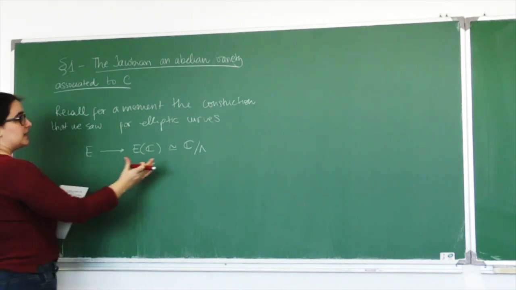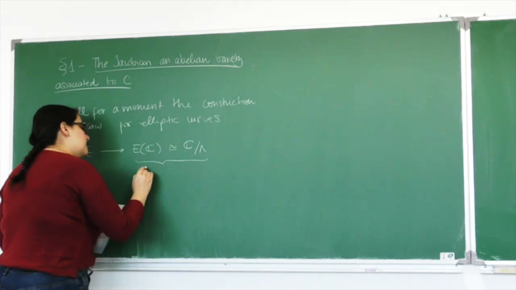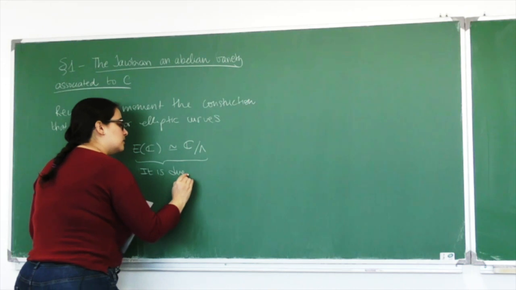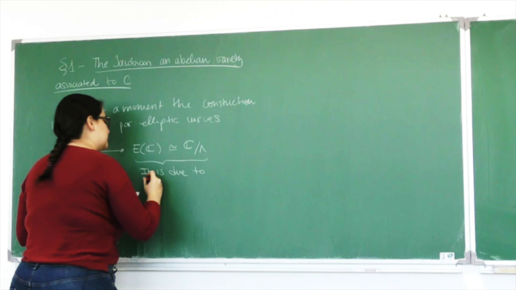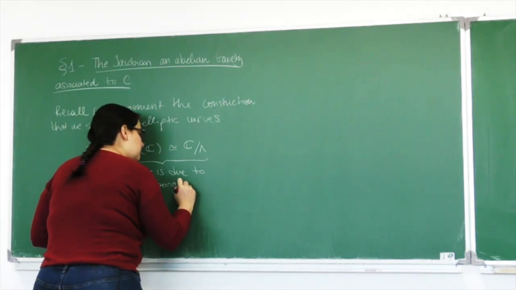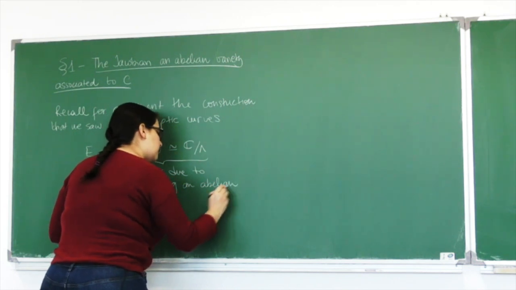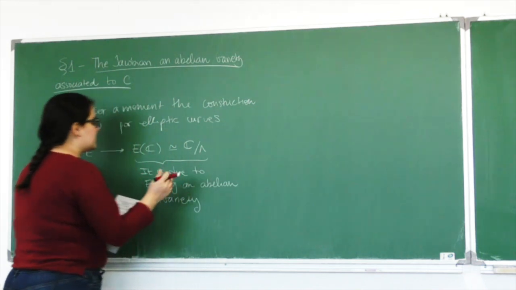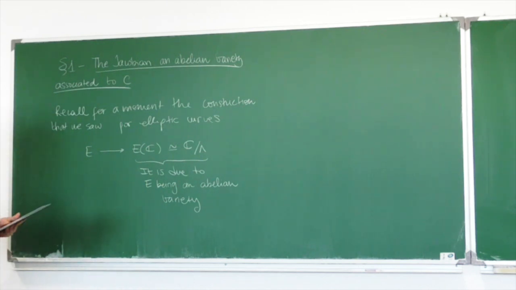We have seen that this isomorphism is due to the fact that the elliptic curve is actually an abelian variety. So basically this map is just like taking the set of points, but it's basically the identity.